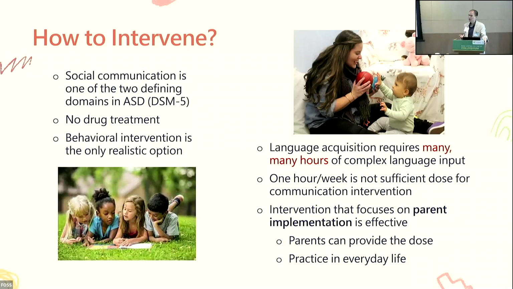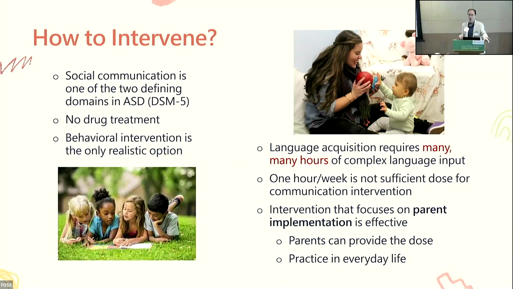Well, social communication and language is not a 1 hour per week thing. Because the child is constantly developing language, the child needs to be getting a lot of language input. If the child only comes to the clinic 1 hour a week, that's not enough dose. Parents and caregivers are the people who are able to provide that dose to those children.